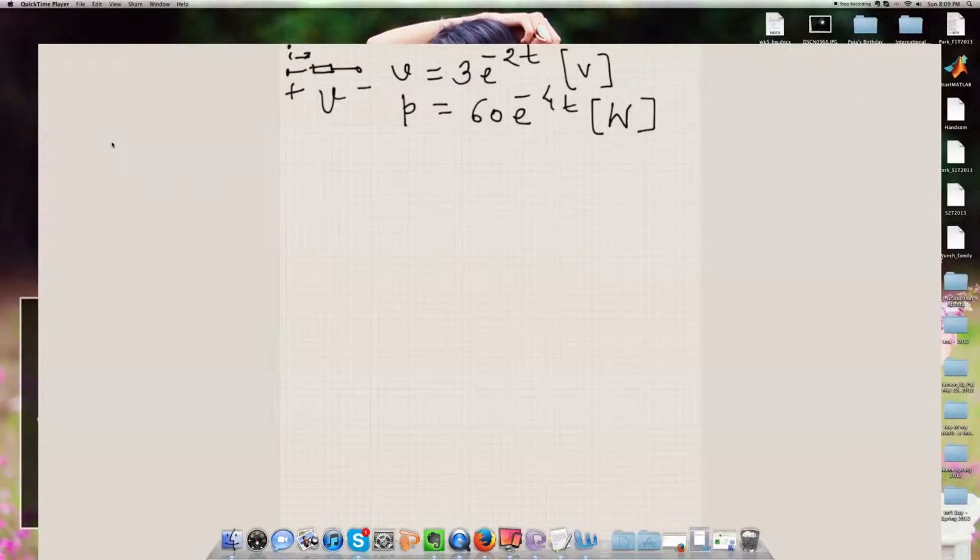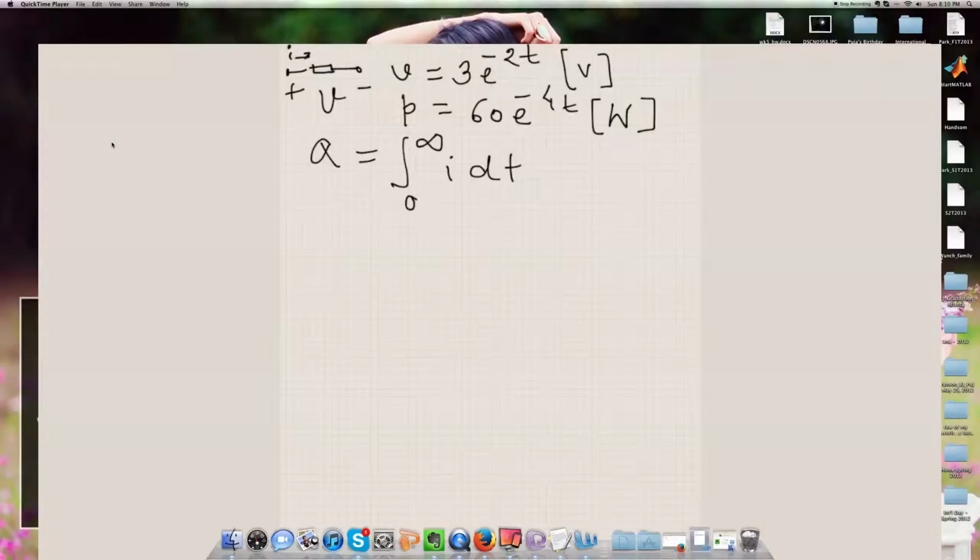So if we have to determine the charge Q collected from time t equals 0 to time t approaching infinity, we wait a long time, and of course it's the integral of I dt, then we would have to combine the power and the voltage to figure out I. How would we do that?